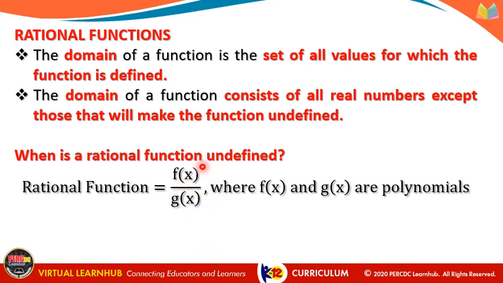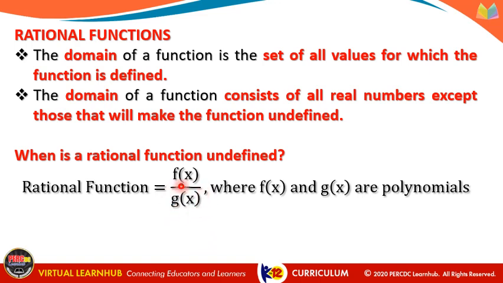So, pwede mong gamitin kahit ano ang real number sa f of x at sa g of x kasi nga, mga polynomials sila. However, take note, may problema tayo actually pag ginawa mo na silang f of x over g of x. Iniiwasan natin na magkaroon tayo ng division by 0. So, ibig sabihin nito, hindi pwede na ang value ng g of x mo maging 0.